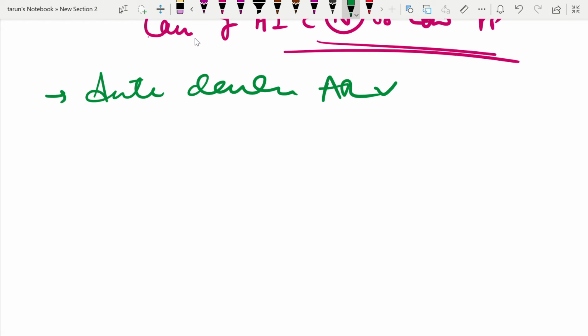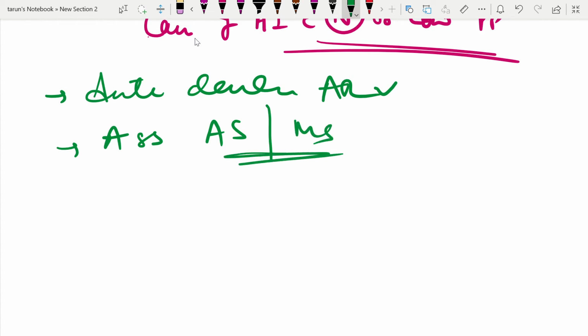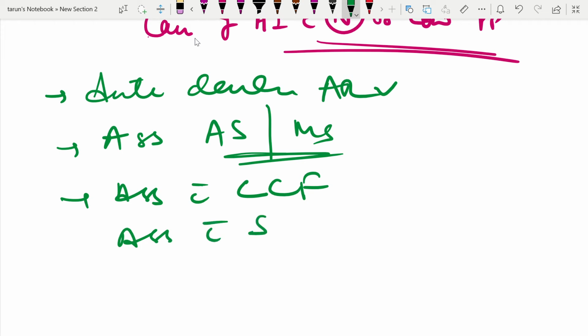Or if there is associated aortic stenosis or tight MS. In association with aortic stenosis or mitral stenosis, you will get normal or low pulse pressure. And if aortic regurgitation is associated with congestive cardiac failure, or with systemic hypertension.